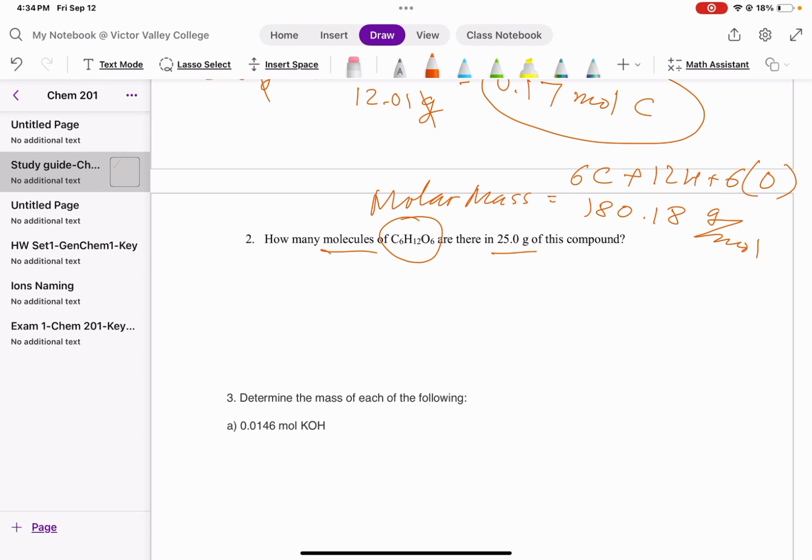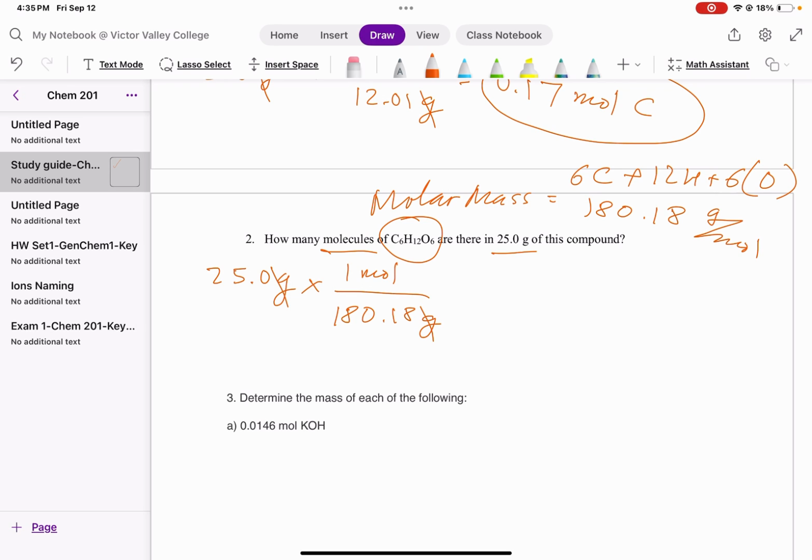If you have a problem, talk to me in class during the lab time. I'll show you guys, okay? But that's the molar mass of C6H12O6. Now, you've got 25 grams, 1 mole, 180.18 grams.